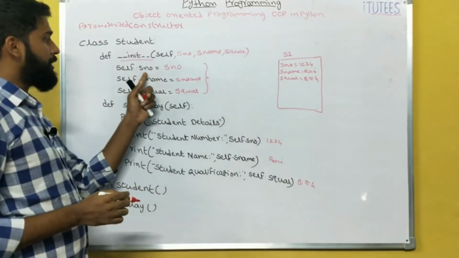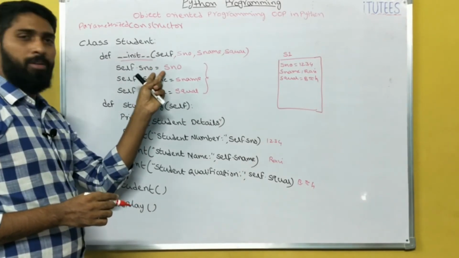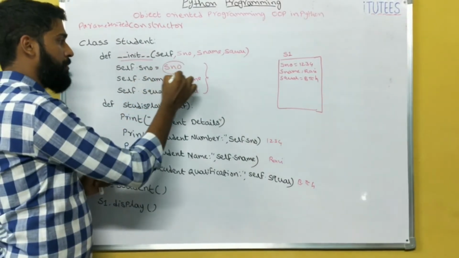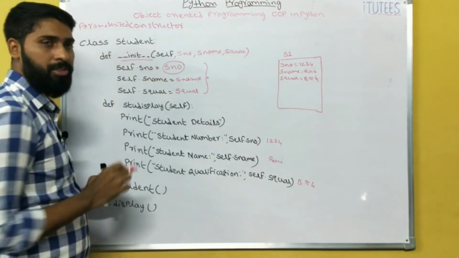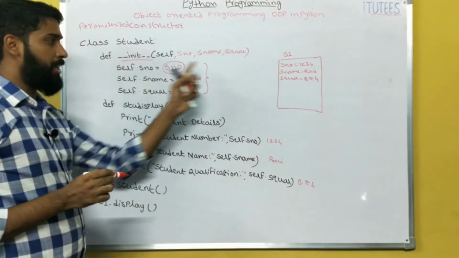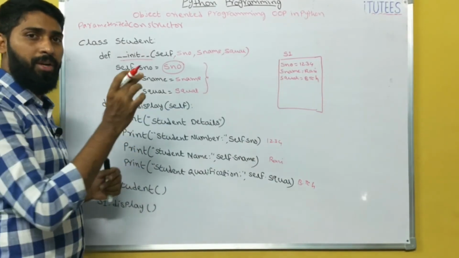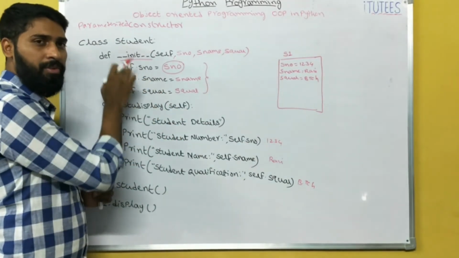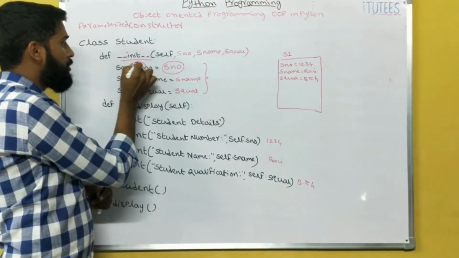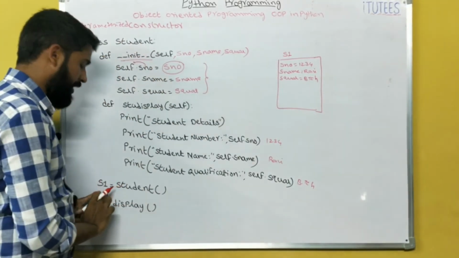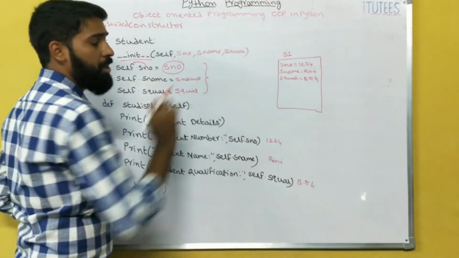This sno and this sno are just variables. This sno is a local variable to the constructor. This self.sno is an instance variable, because we are defining it with the help of self, which represents the current object. The sno belongs to the current object. If I call with s1, sno belongs to s1.